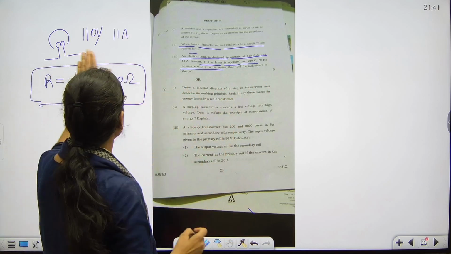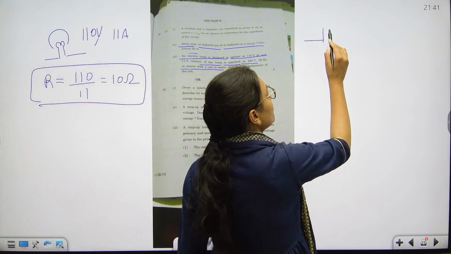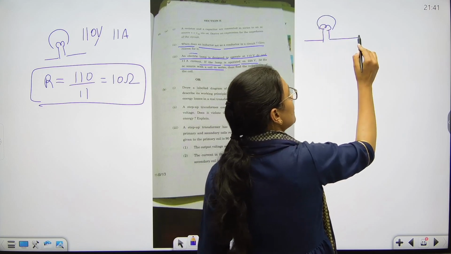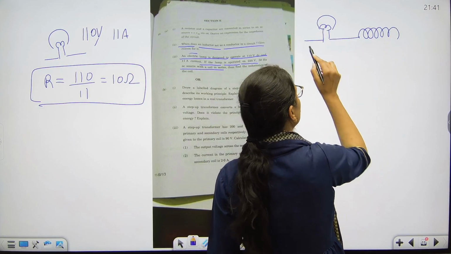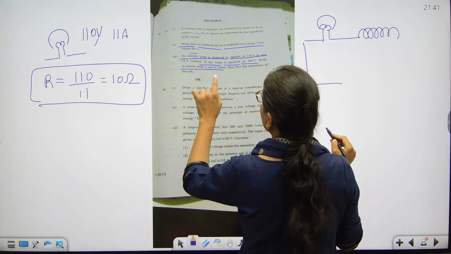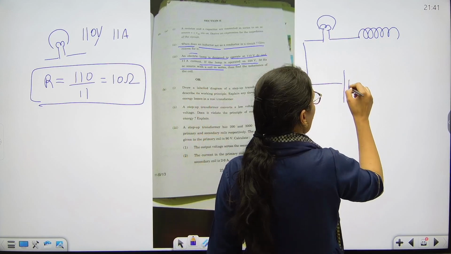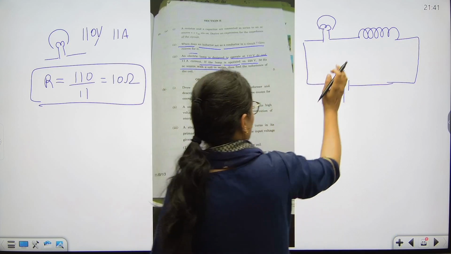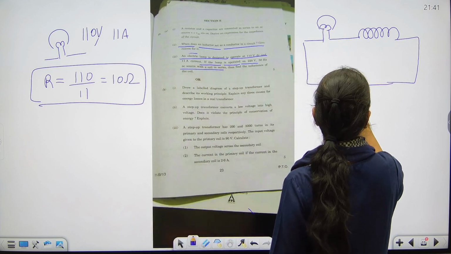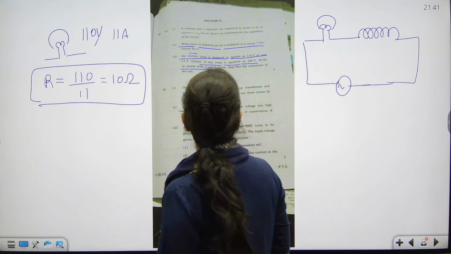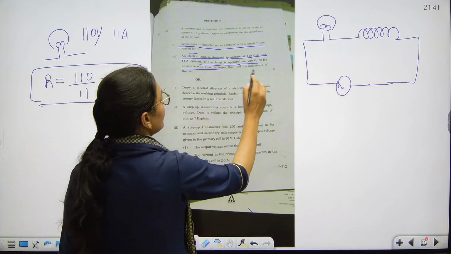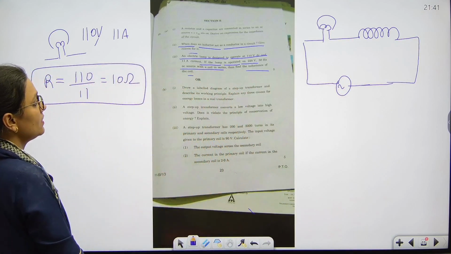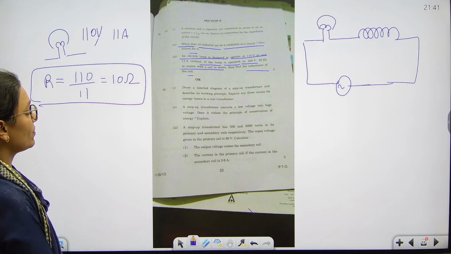A coil means like this. So we have placed a coil in series and here we have AC. Then you have to find the inductance of the coil. Find the L value of the coil.